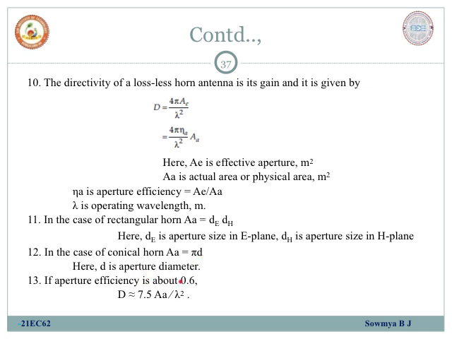If aperture efficiency is about 0.6, then the directivity is almost equal to 7.5 AA by lambda square.